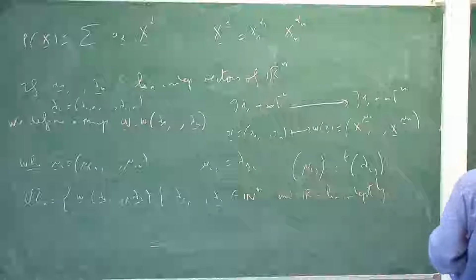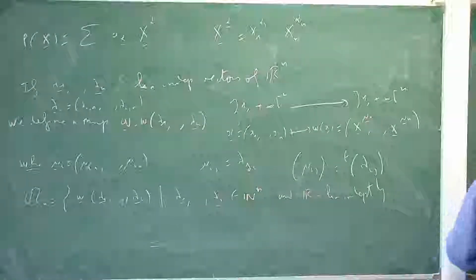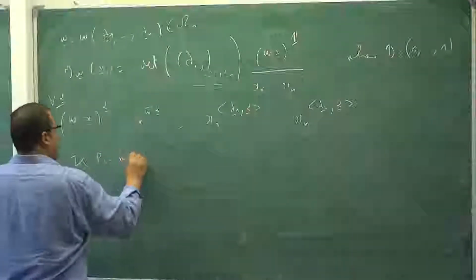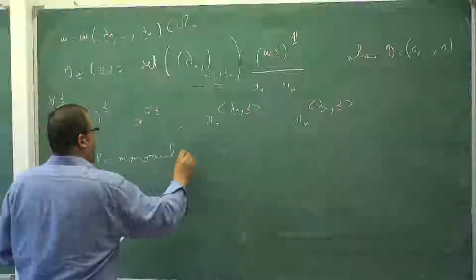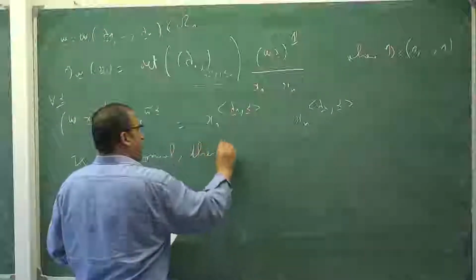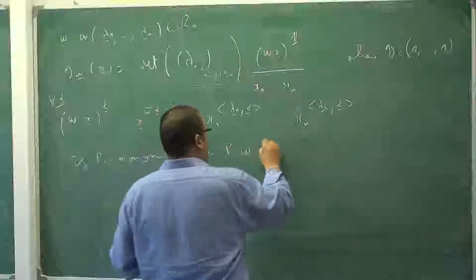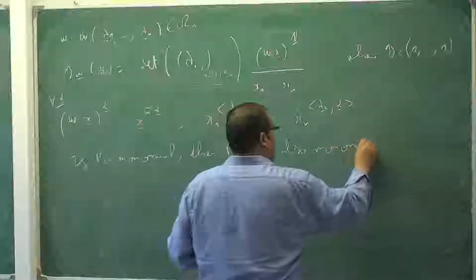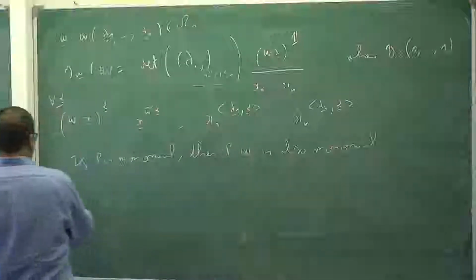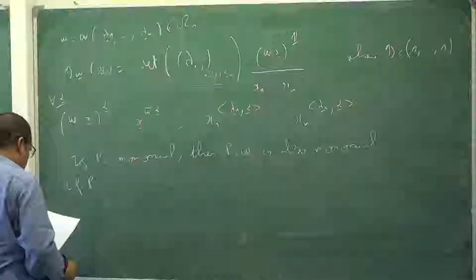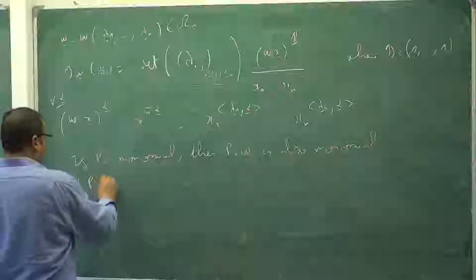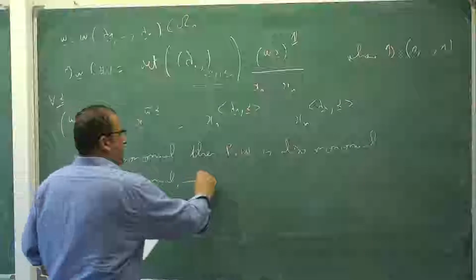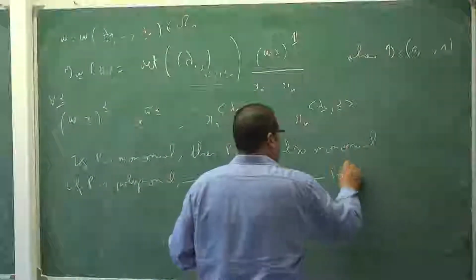And another property is that if P is a monomial, then P composed with omega is also a monomial. And if P is a polynomial, then it is also a polynomial.